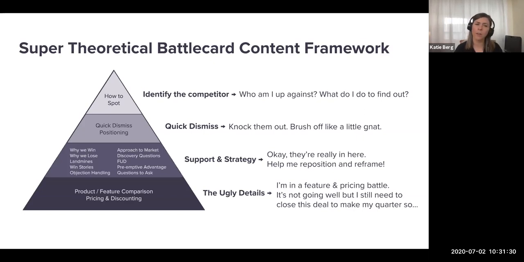So there's a lot of clues, just touching on Vincent's point, there's a lot that you can extract by listening that could give you pretty good insight into who else they could be evaluating in a deal. That's my best advice.